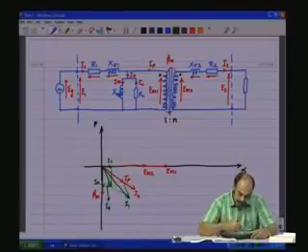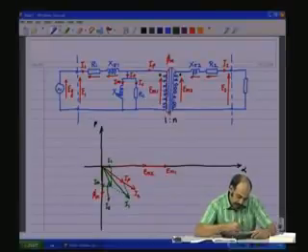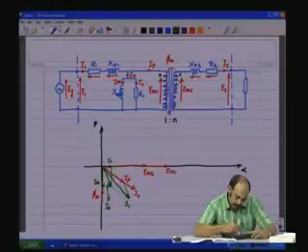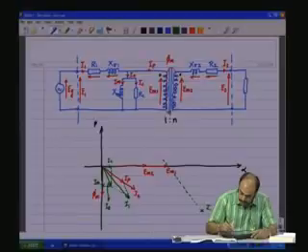Now, let us draw parallel to I 1. So, I will say this is the I 1 direction.